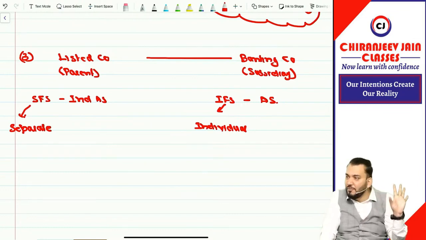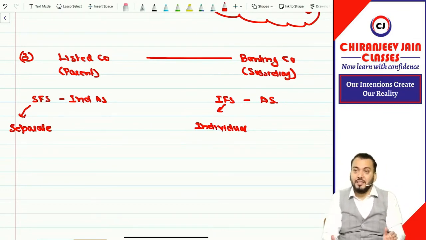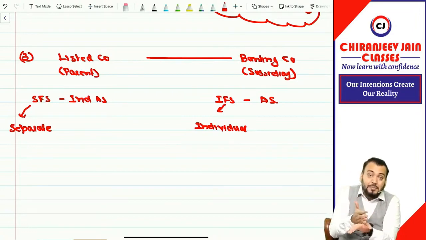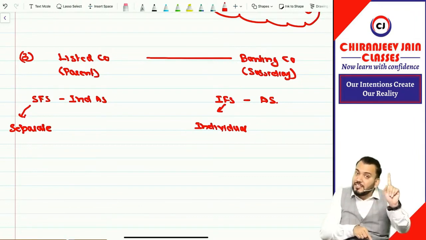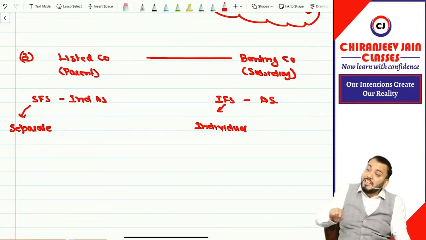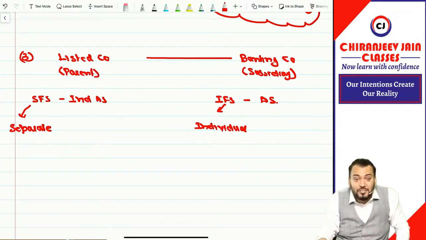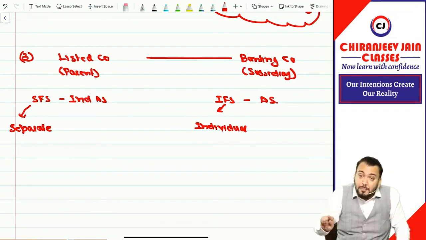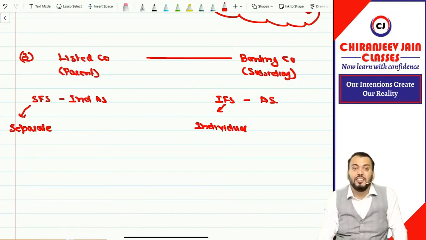I hope you are understanding whatever I am saying. Any company which is a parent company, if it prepares its own financial statement, that is known as a separate financial statement. Any entity which is not a parent company, if it prepares its own financial statement, that is known as an individual financial statement.